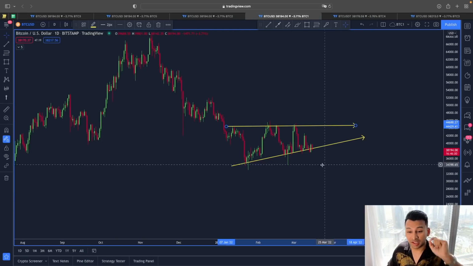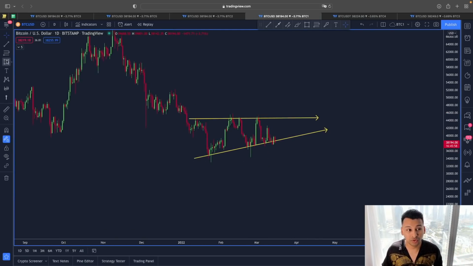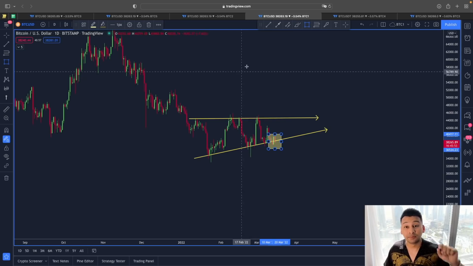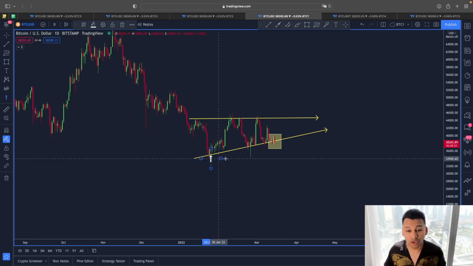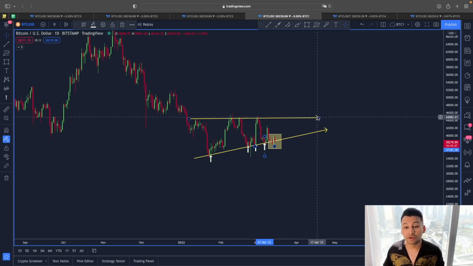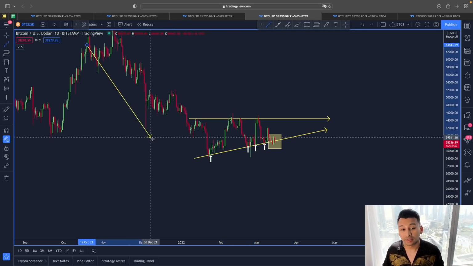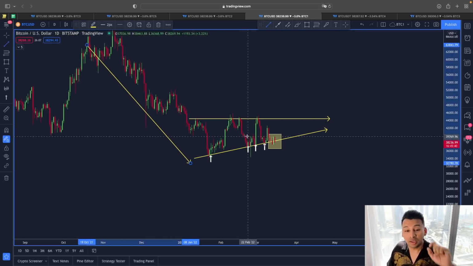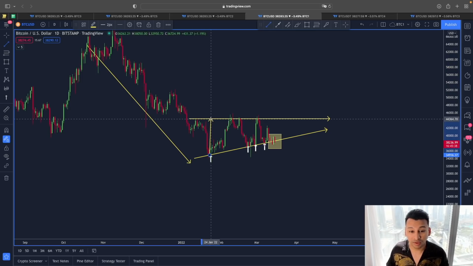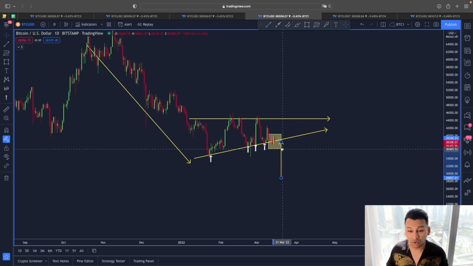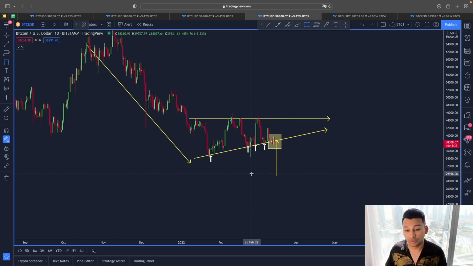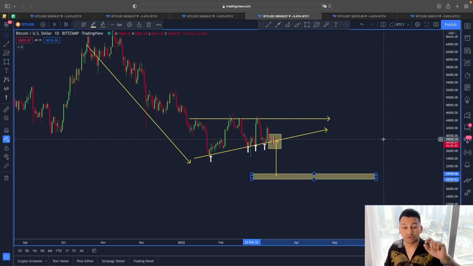So this is very important for us, because if the daily is going to close below this support line, then we could be showing another continuation pattern here to the downward direction, because an ascending triangle in a downtrend is looked at as a bearish scenario, and we don't want this to happen. If this ascending triangle plays out, with price breaking to the downside, then as you can see, the lower price target is going to be around this 29 to 30,000 price area.